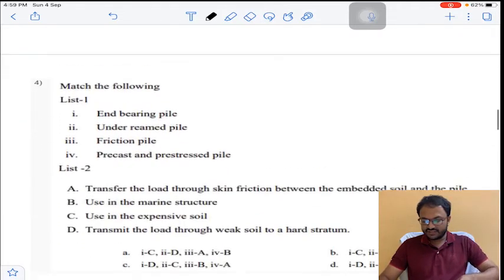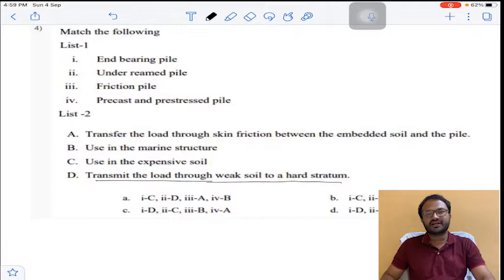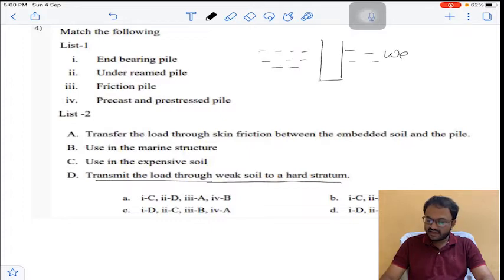Coming to the next question, match the following. The end bearing pile can transmit the load through weak soil to hard stratum. For example, if I take a pile, the surrounding soil is very weak and the bottom portion is very hard.